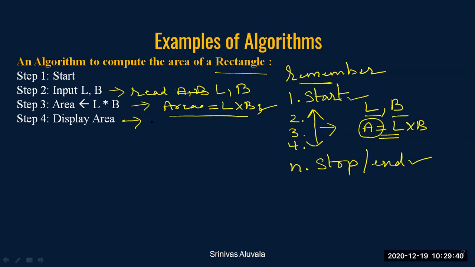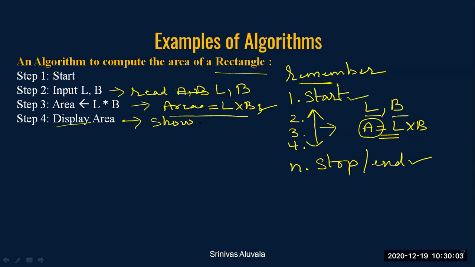The result is displayed or given to the user using a command or a statement display, or you can even write show area or print area, no issues. It is only an algorithm, it doesn't have any specific words to be used, it doesn't have specific terminology.